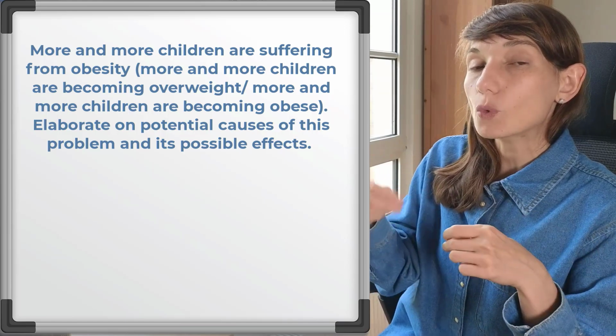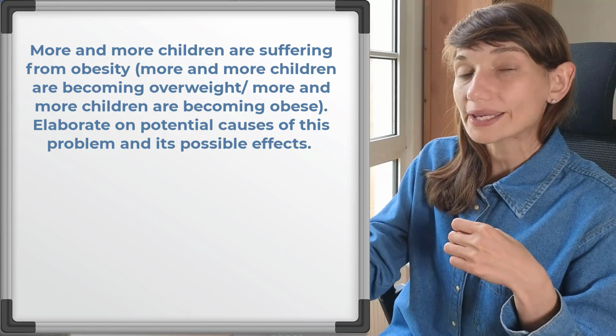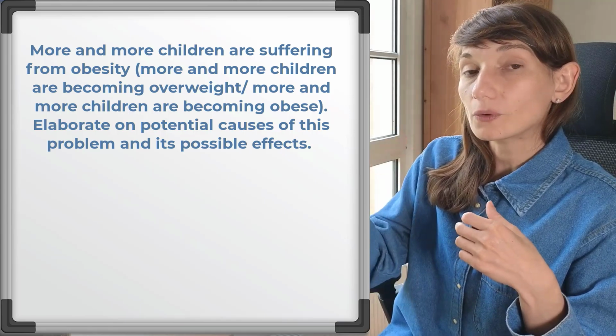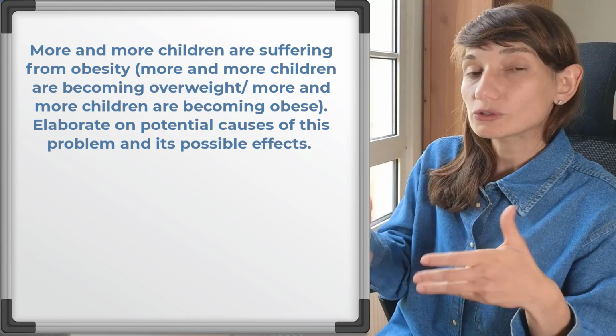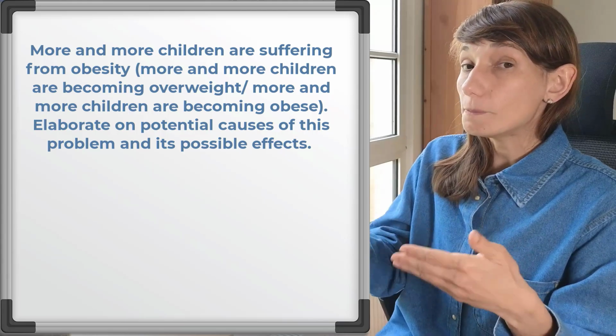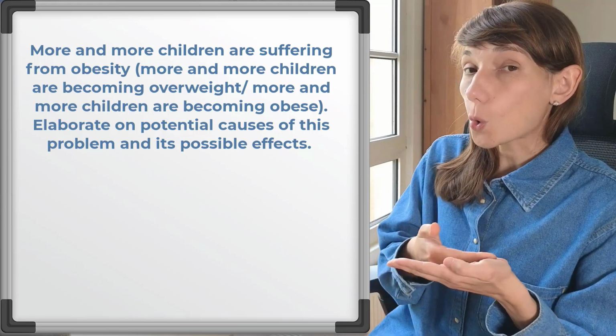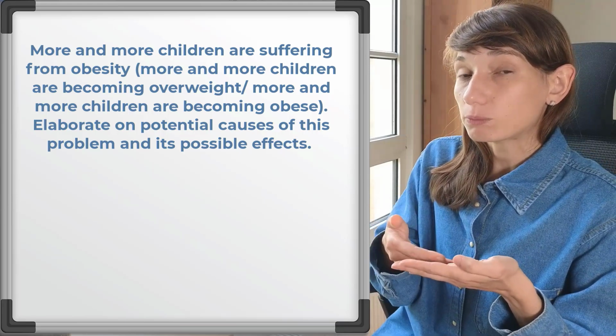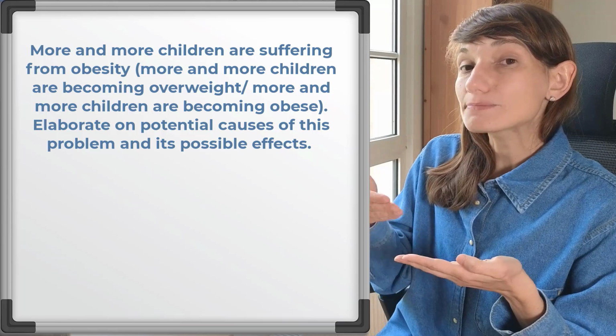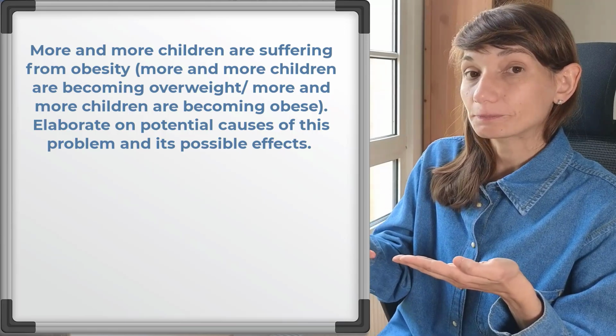It means the same. More and more children are becoming overweight, more and more children are becoming obese, or more and more children are suffering from obesity. Elaborate on the potential causes of this problem and its possible effects.